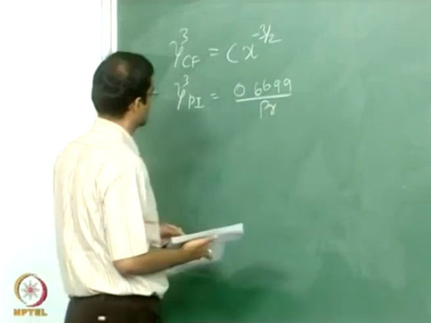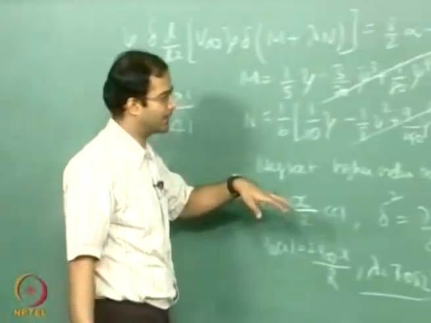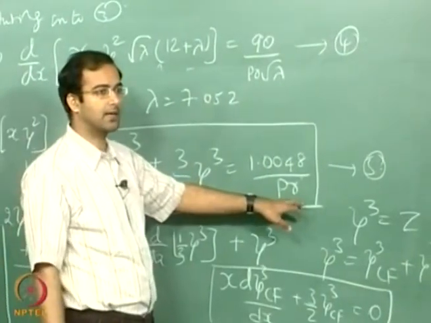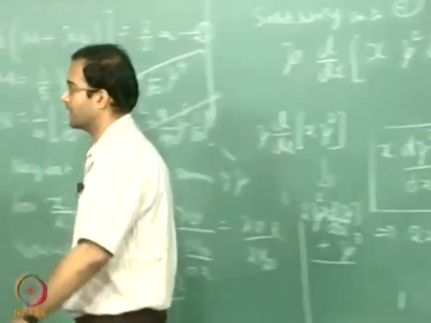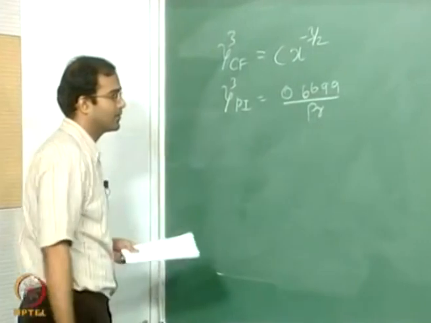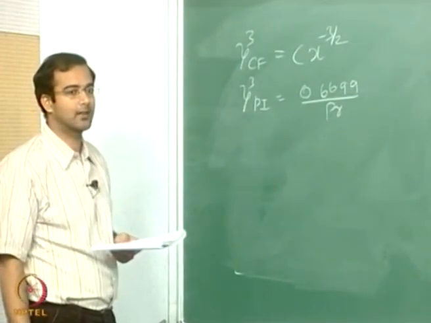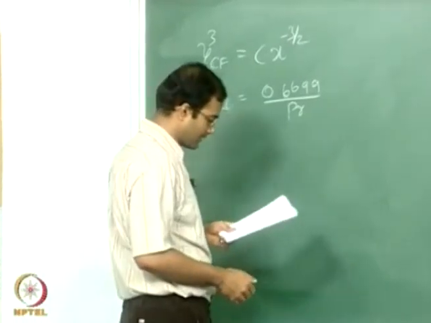All you have to do is substitute this plus some particular integral into this ODE, and you directly get an expression for the particular integral, which will be a constant. So please go back and revise if you forgot how to solve a non-homogeneous linear ordinary differential equation. This is the most basic.